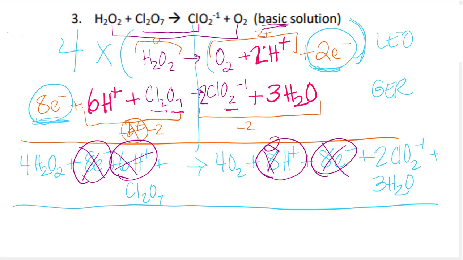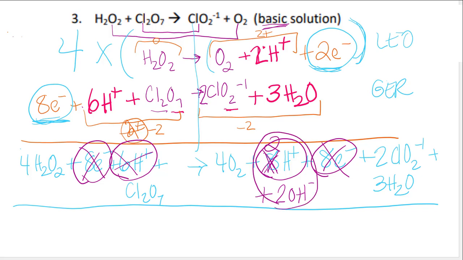Now, if this was an acidic solution, I could just write everything down that I crossed off or minimized. But remember, this is a basic solution. So wherever I have H pluses, I need to add that many hydroxides. So I have 2 H pluses remaining after I cancel these off. So I need to add 2 OH minuses.